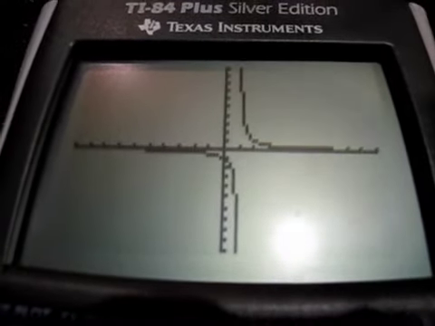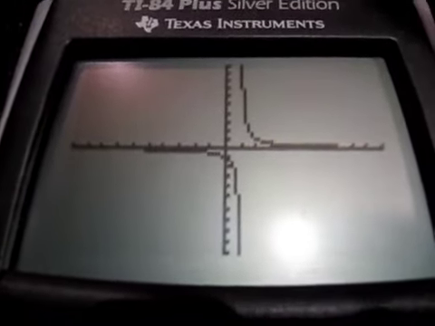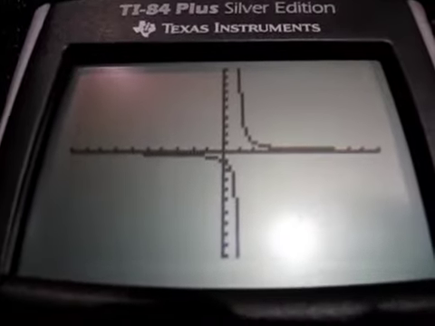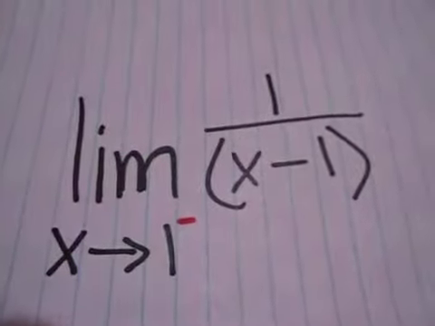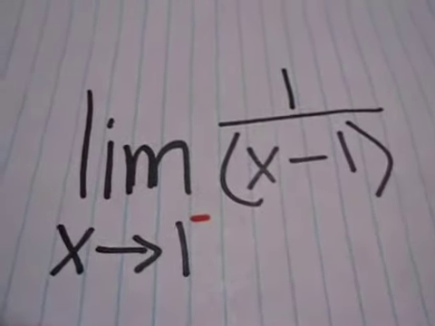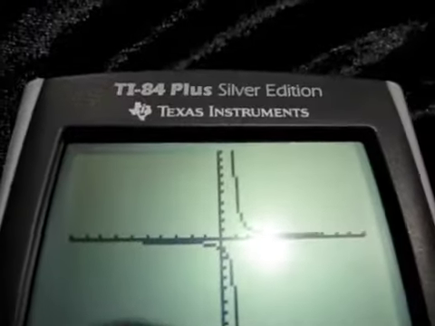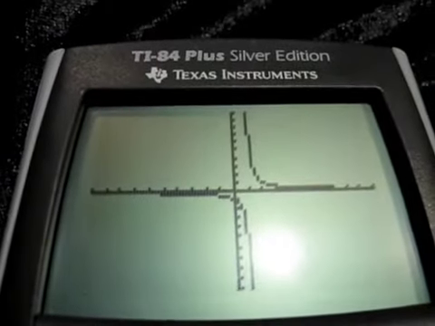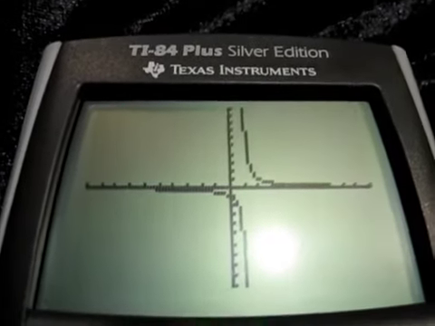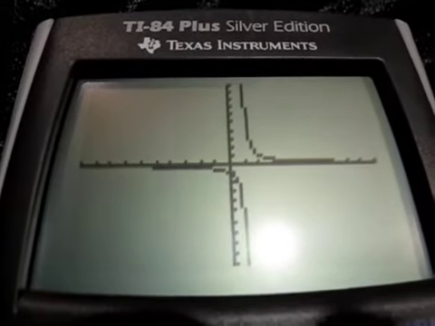It never quite gets there, but it goes on for infinity, making its limit positive infinity. Therefore, as x approaches 1 from the negative side, it also grows without bound, except the opposite way, making its limit negative infinity.